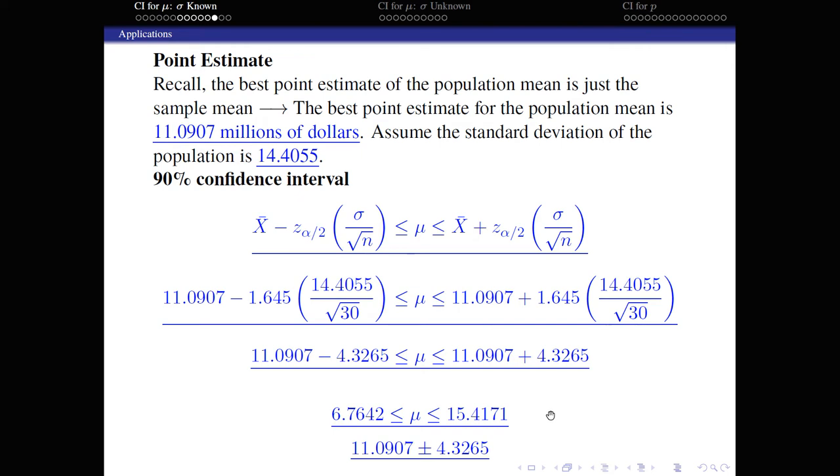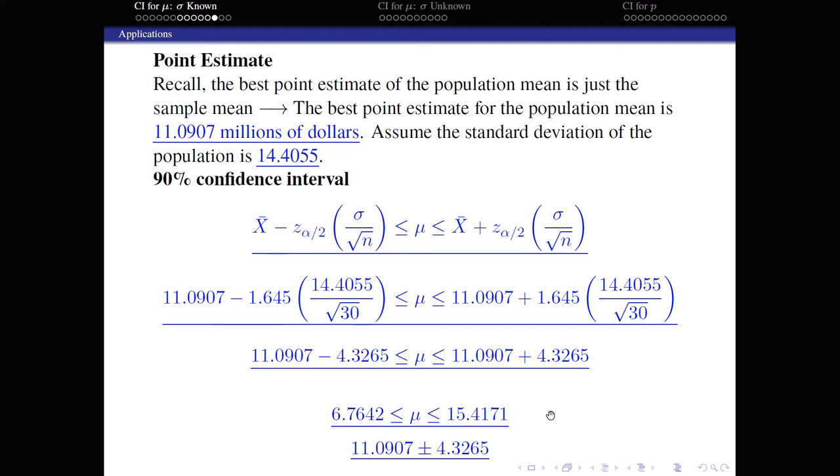So what if somebody proposed that in these credit unions, the mean number of assets for these credit unions was $20 million? That somebody said this and you wanted to check it out. So you got this data, you calculated the confidence interval, and you found that a reasonable range was between $6.5 million and $15.5 million.